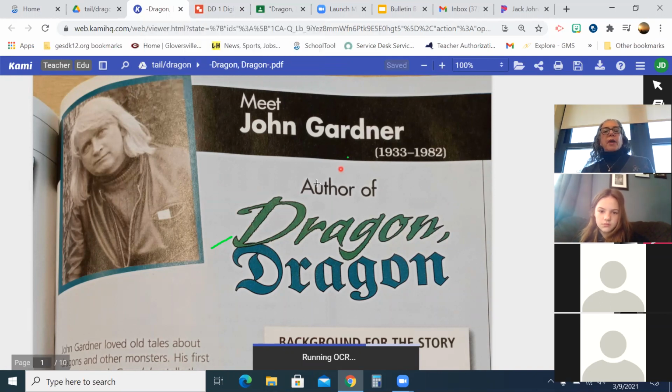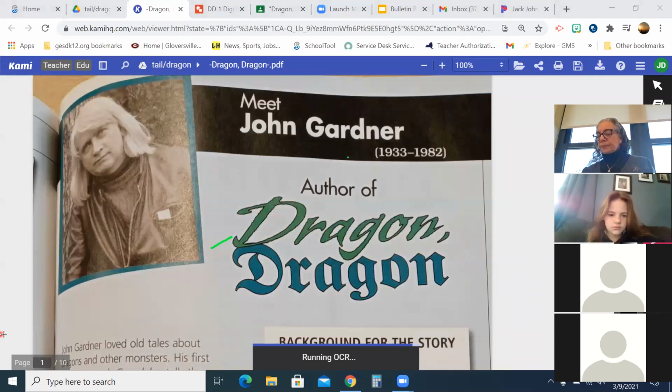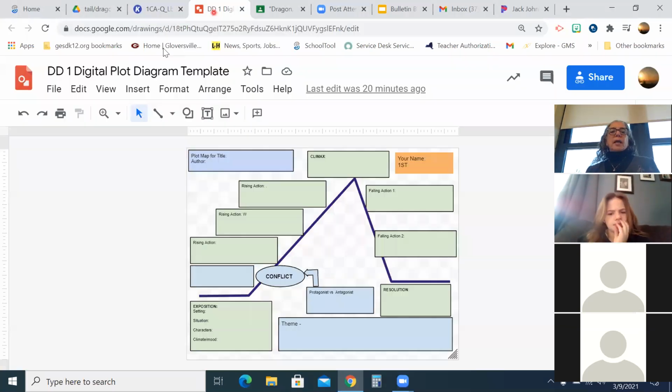You need to open up Dragon, the text, and you need to open up the plot diagram in Dragon. Okay, so just to review, you need Dragon open, and then you need the plot diagram open.